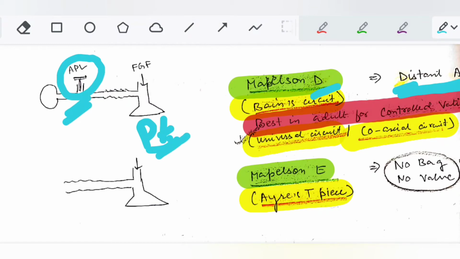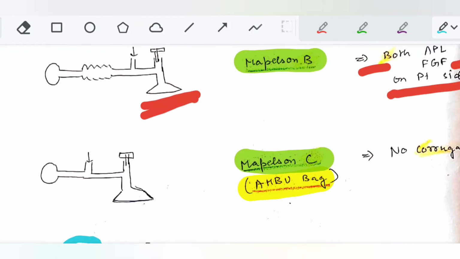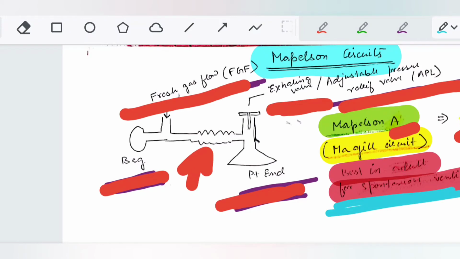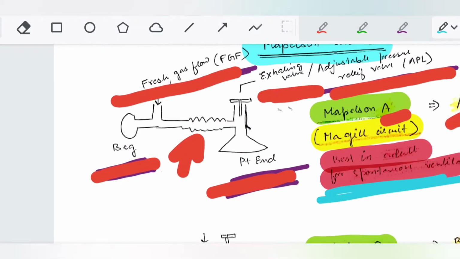The distant APL is for Mapleson D. This is the best circuit in adults for controlled ventilation. For spontaneous ventilation, we saw that it is Mapleson A for adults.